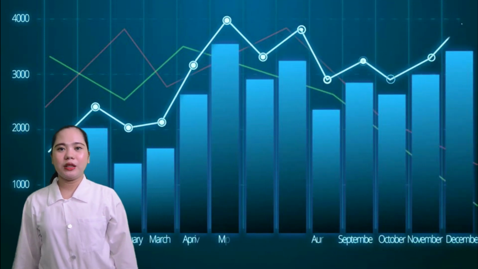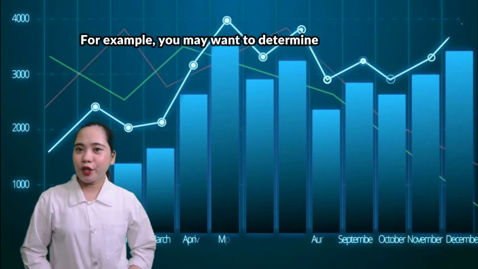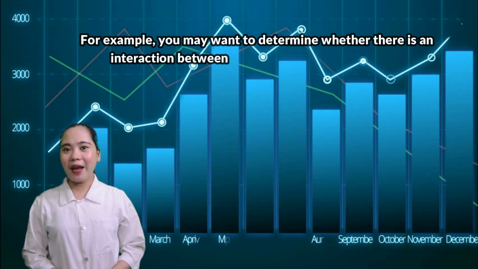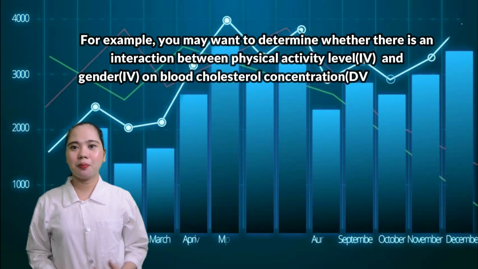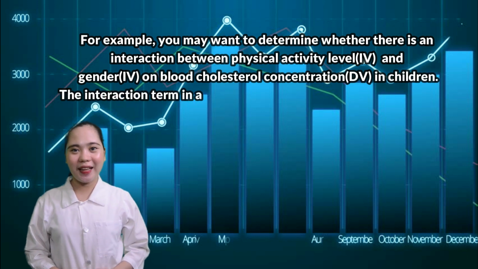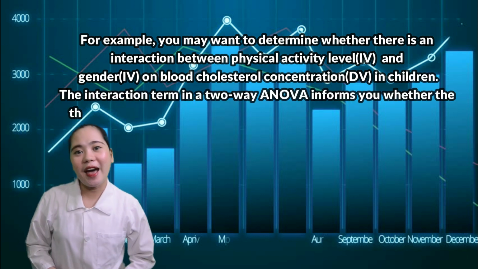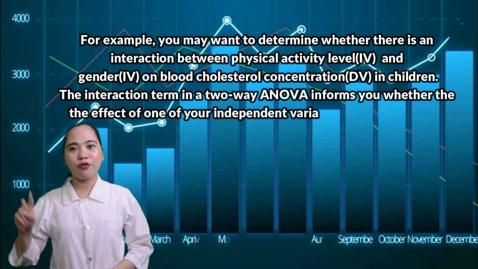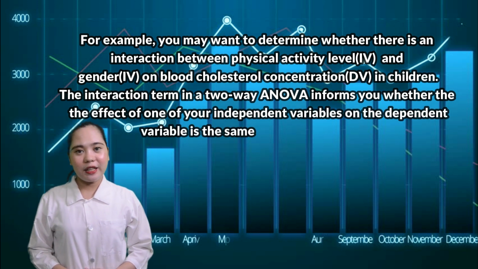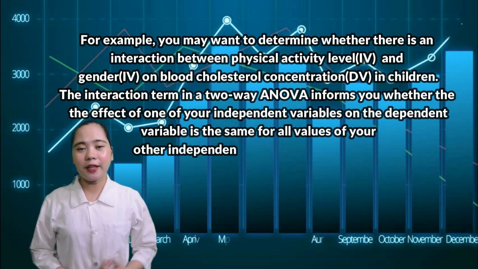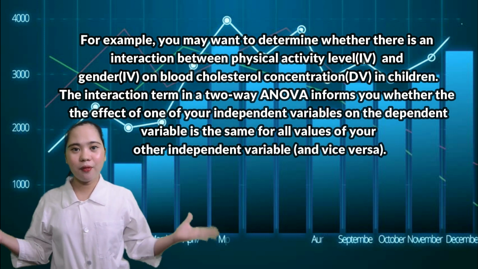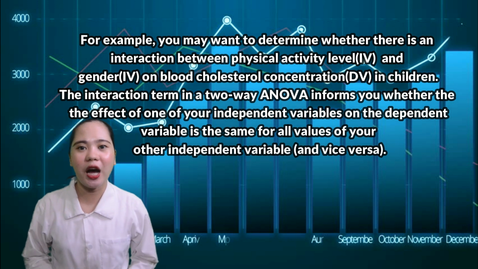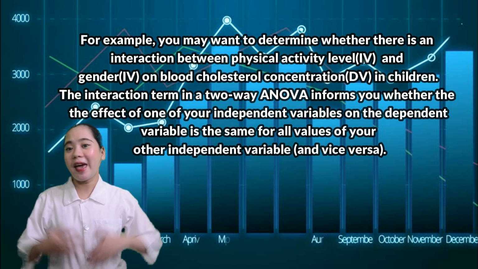For example, you may want to determine whether there is an interaction between physical activity level and gender on blood cholesterol concentration in children. The interaction term in a two-way ANOVA informs you whether the effect of one of your independent variables on the dependent variable is the same for all values of your other independent variable, and vice versa.